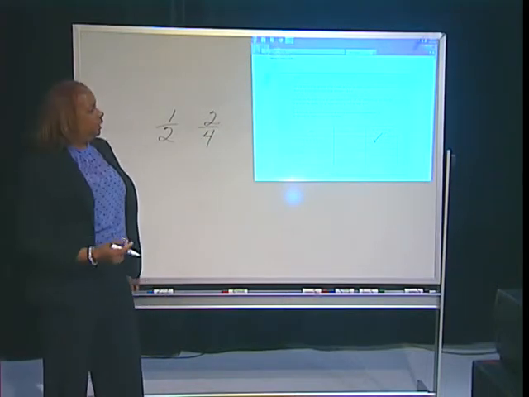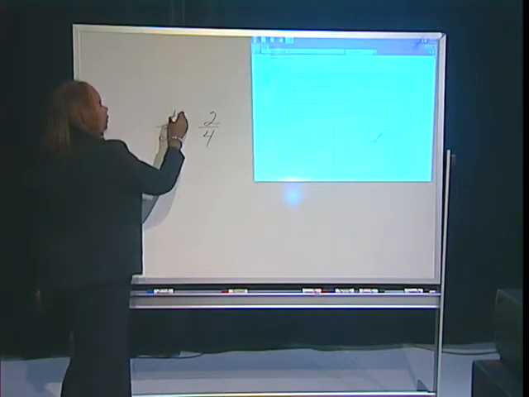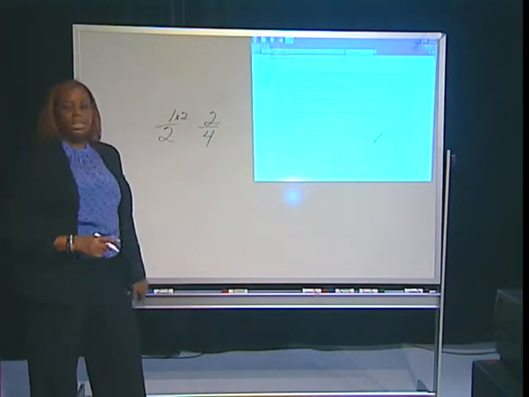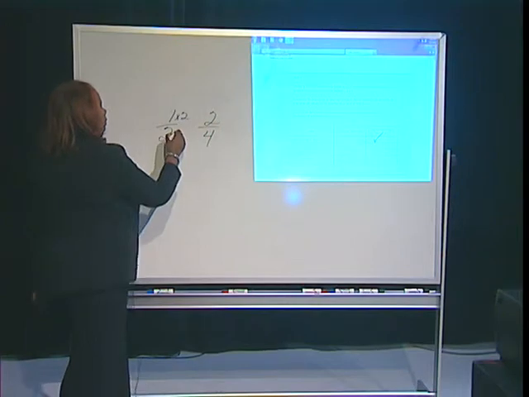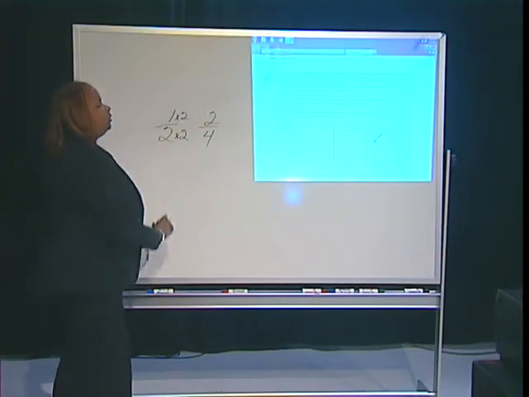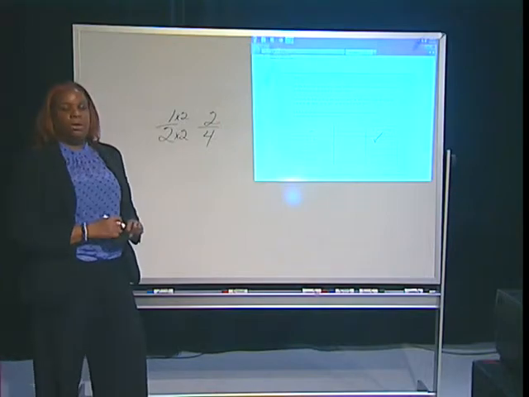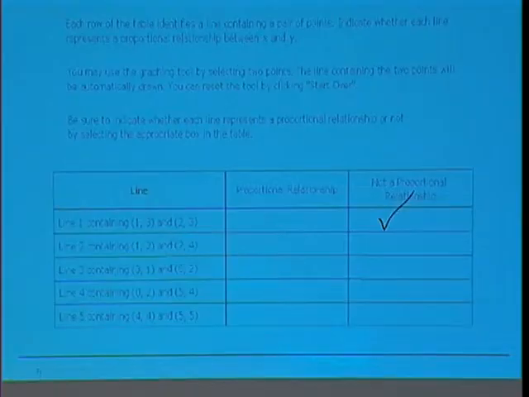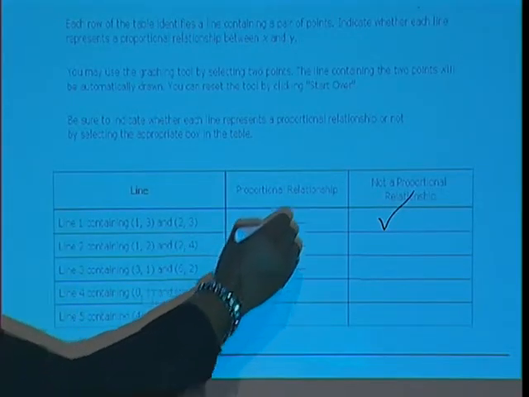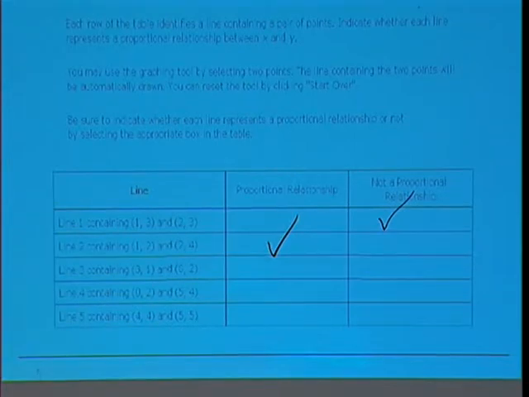If I took 1 times 2, it does equal 2, and the denominator, 2 times 2, does equal 4. So yes, line 2 is a proportional relationship. So I will check that off there.